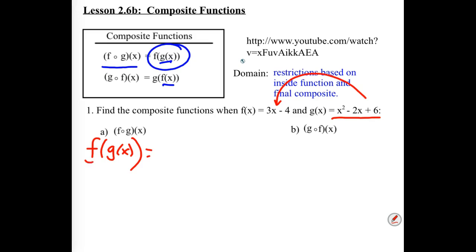We're going to start with our f function, but we are going to leave a hole wherever there was an x, because our second step is now to dump something in there. Okay? We're composing these functions. So now it says take this quadratic trinomial, x squared minus 2x plus 6, and we're going to dump it inside here.